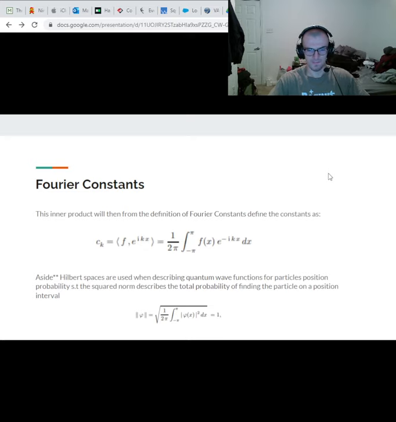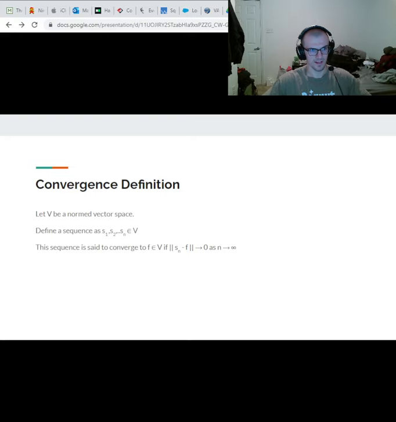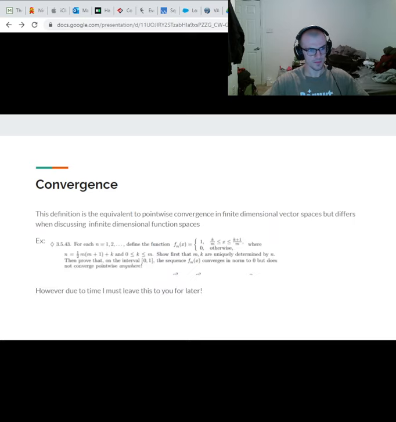Pretty interesting though. So now we're going to define convergence, and this is just the definition of convergence that we'll be using today. It is different from pointwise convergence, and that difference doesn't really matter in finite dimensional vector spaces. However, if we are going to be using infinite dimensional function spaces, like L2, for example, or other Hilbert spaces, we would like to have a definition that works for those spaces.